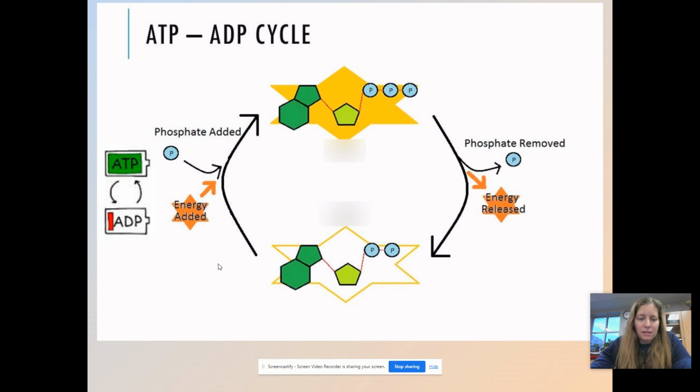Through the processes of cellular respiration, we are going to reattach those phosphate groups. We're going to regenerate these molecules of ATP. And so all the bonds that are made and broken during that process are going to require an input of energy. We get that from the food that we eat and the process of cellular respiration, which we'll talk more about later.